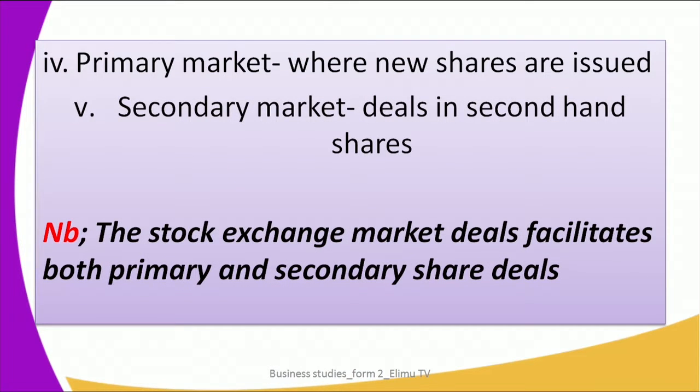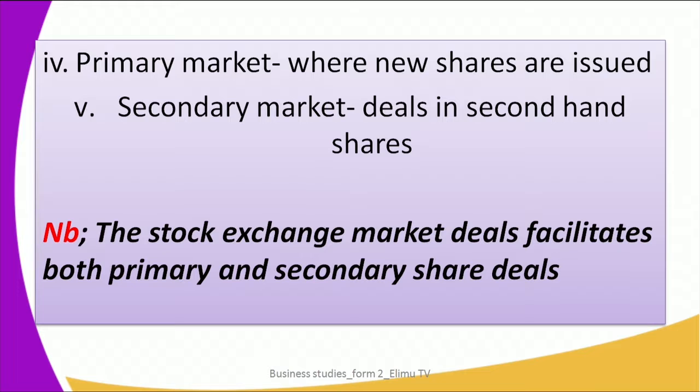The other term is the primary market. Primary market is where new shares are issued, or what we are calling the IPO. We also have the secondary market, and the secondary market deals with second-hand shares.